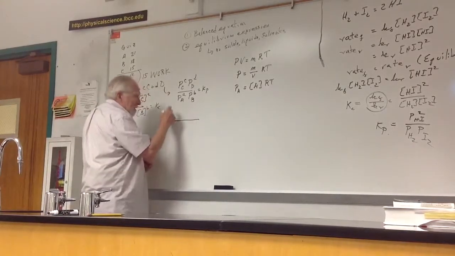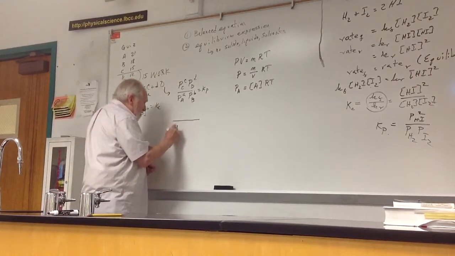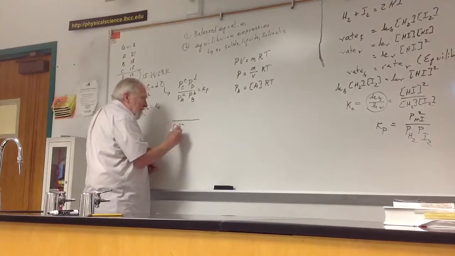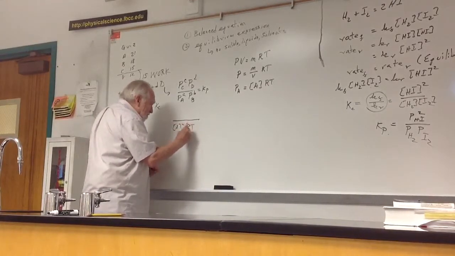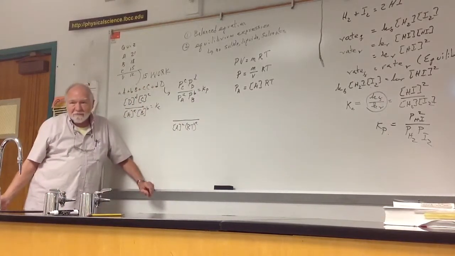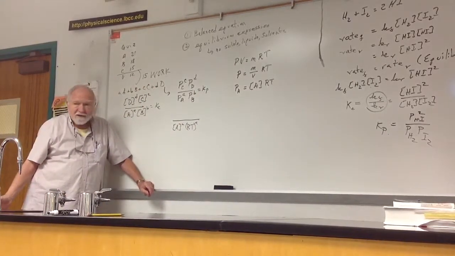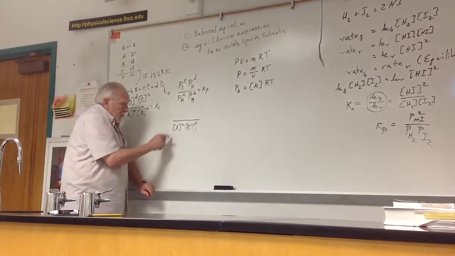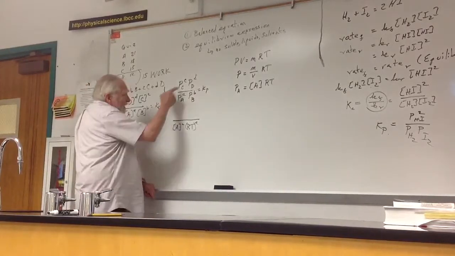Since I have it there, I'll say P sub A is the concentration of A, small a power, RT, small a power. What am I going to write for P sub C? Yeah, it's the same formula, except I substitute in the different exponents.